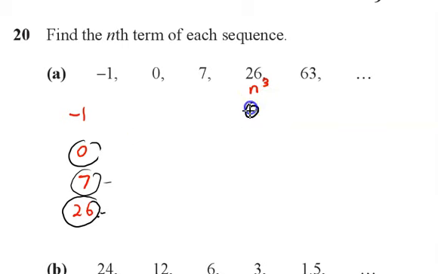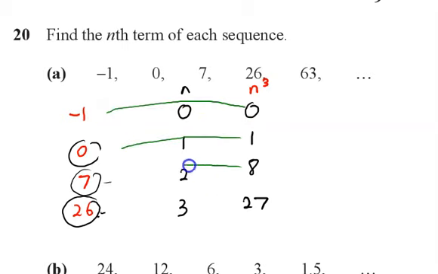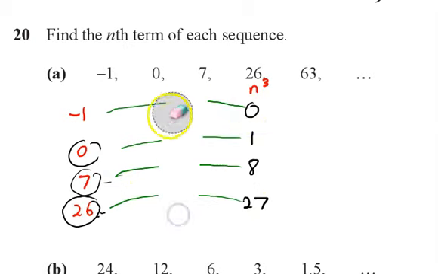So here we have 0, and here will be 0, 1, 2, and 3. So here we do have 1, 8, and here we do have about 27. Okay, now if you notice the pattern here, so you do have the pattern, right? So we can erase the in between one.